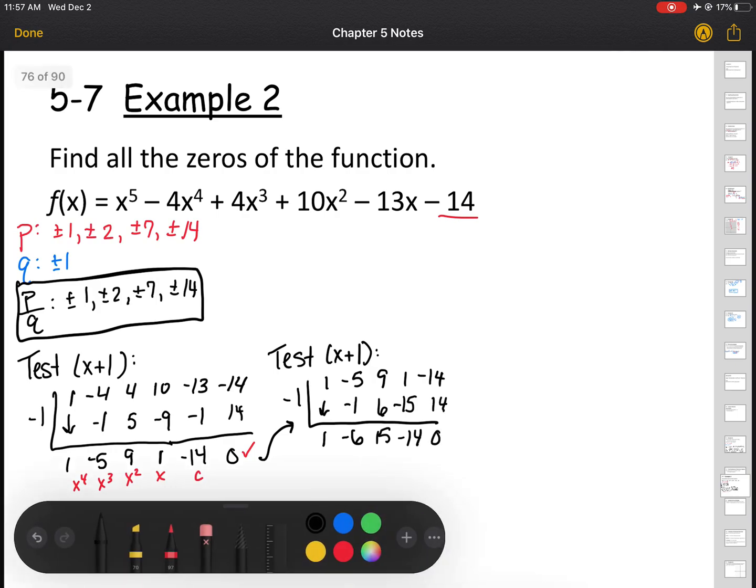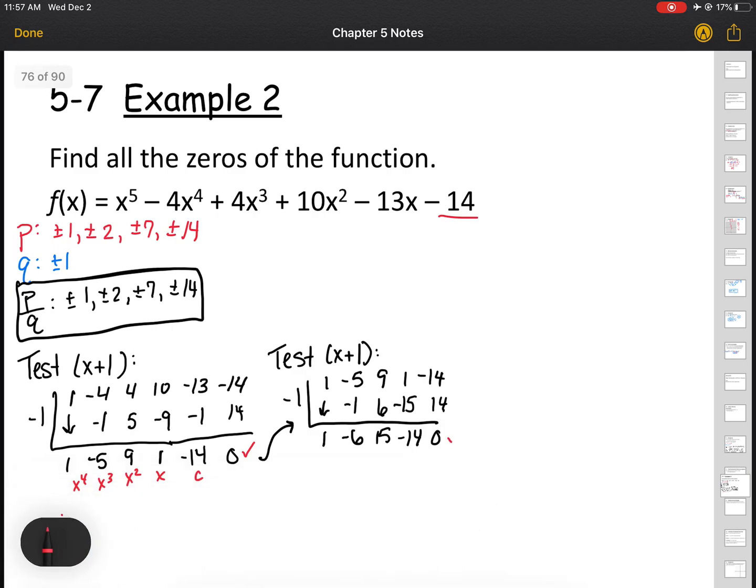So again, x plus 1 is another factor of the original polynomial, because whatever is a factor of that polynomial is also a factor of the original polynomial. Here's my constant, my x term, x squared, and x to the third power. So now I know that x plus 1 is a factor in my original polynomial, repeated twice.